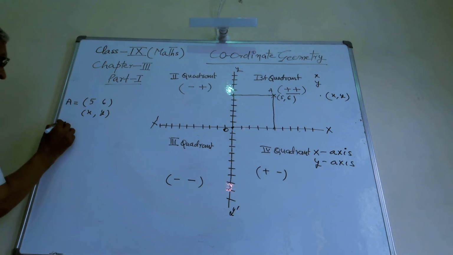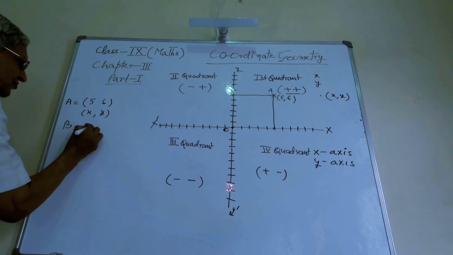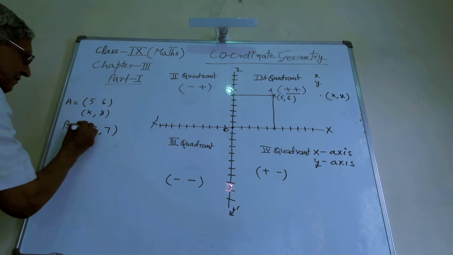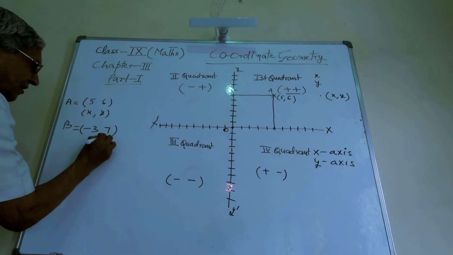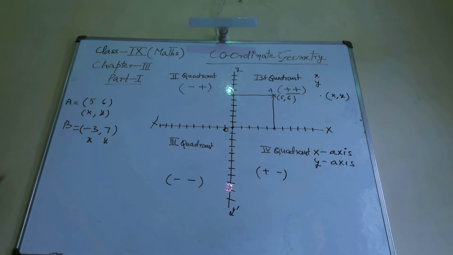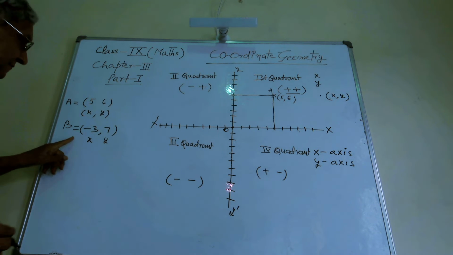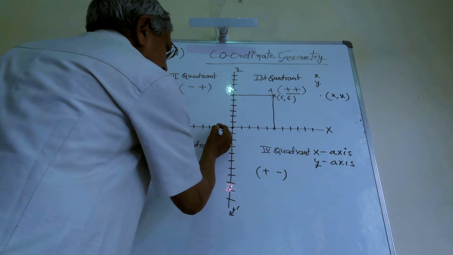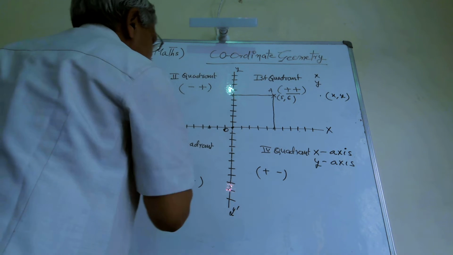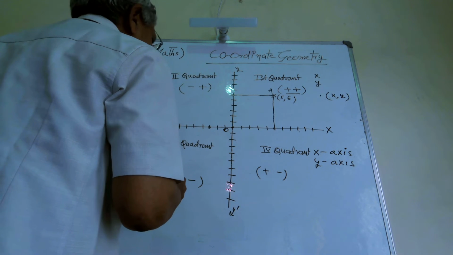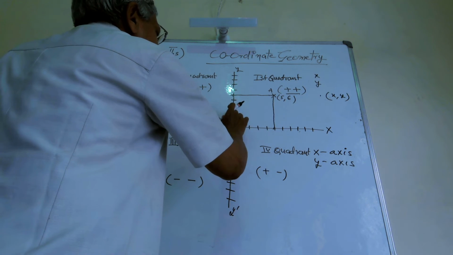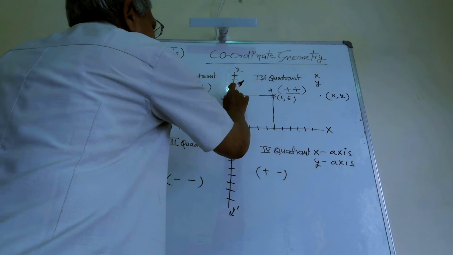Now take B, (-3, 7). X is -3 and Y is equal to 7. Now we have to find the position of B. X is -3, on the left side: 1, 2, 3. This is -3. And Y is 7. Y is positive on the upper side: 1, 2, 3, 4, 5, 6, 7.